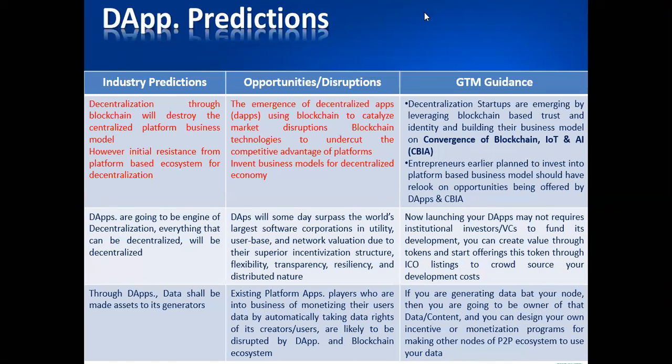In a distributed app environment, an ecosystem is created around cryptocurrency, where you don't need to approach the VCs. Rather, the formal approach to VC routes vanishes here. You just design your value framework in your DApp and start offering tokens. These tokens are nothing but some kind of value offering, and they will be listed as an initial coin offering.